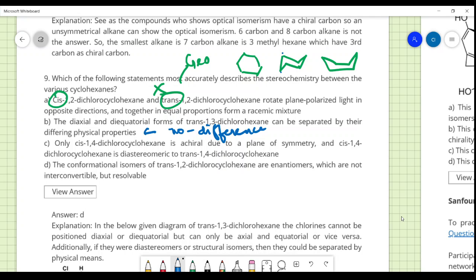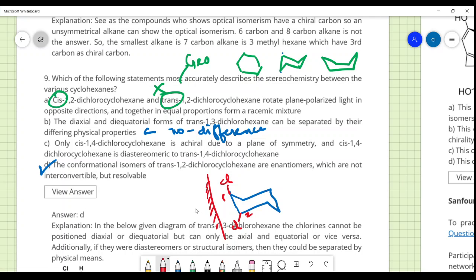So his explanation, the right answer is D. Conformational isomers of trans 1,2 dichlorocyclohexane. Trans 1,2 dichlorocyclohexane means, you can just put it like this. First one is this one, chloro, and second one is equatorial. Trans 1,2, this is 1 and this is 2, dichlorohexane are enantiomers which are not interconvertible but resolvable. Means, if you put a mirror image of this, you will get some other isomer, a mirror isomer, which is not interconvertible, but you can resolve it.